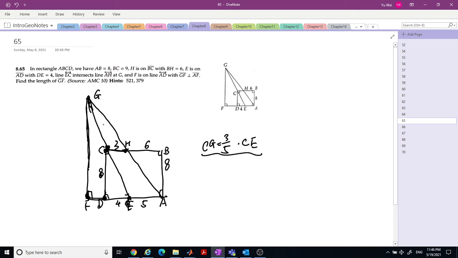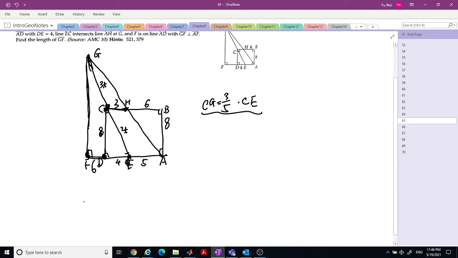So this is 3 pieces, this is 2 pieces. Let's say this is 3T, this is 2T. Then we can see FD is the 2 over 3, this is 4. So 2 pieces is 4, so 3 pieces will be 6.